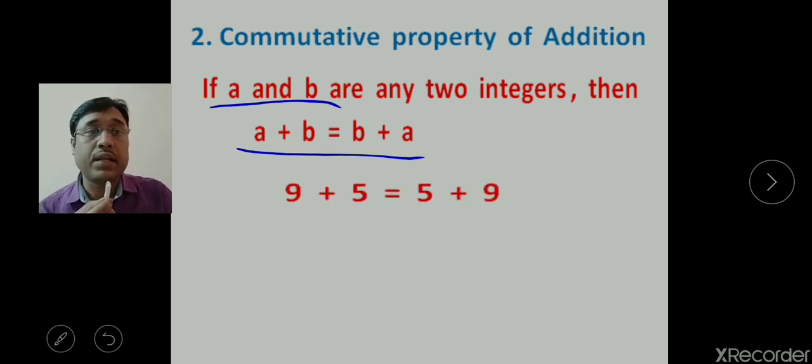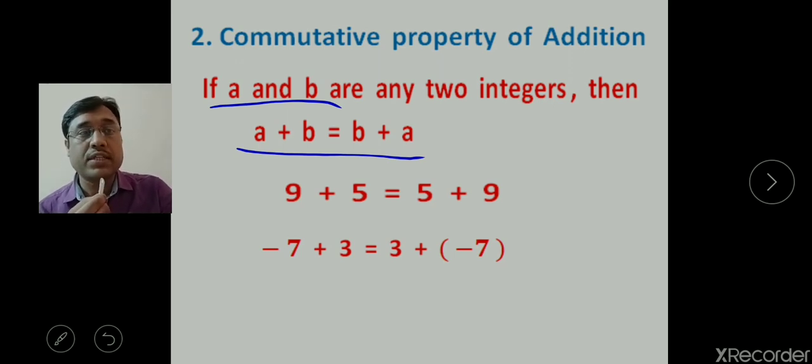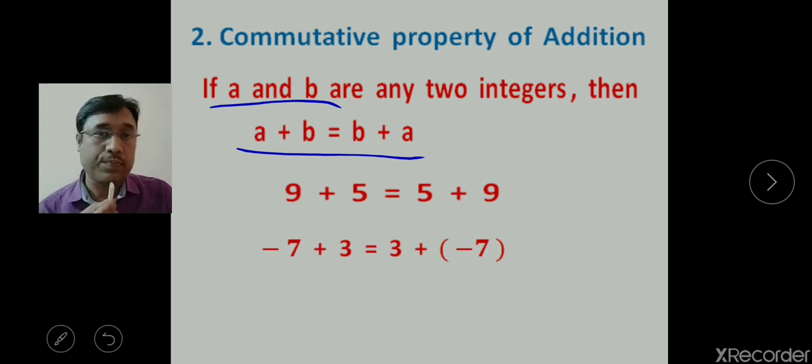For example, 9 plus 5 equals 5 plus 9, and both are equal to 14. So that's why it follows the commutative property. One more example: minus 7 plus 3 equals 3 plus minus 7, and both are equal to minus 4.